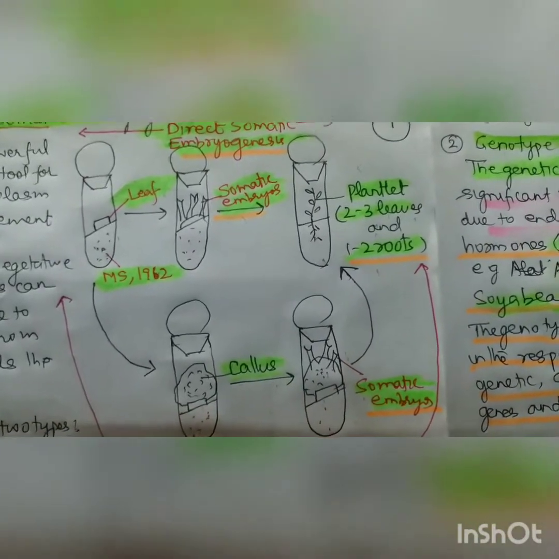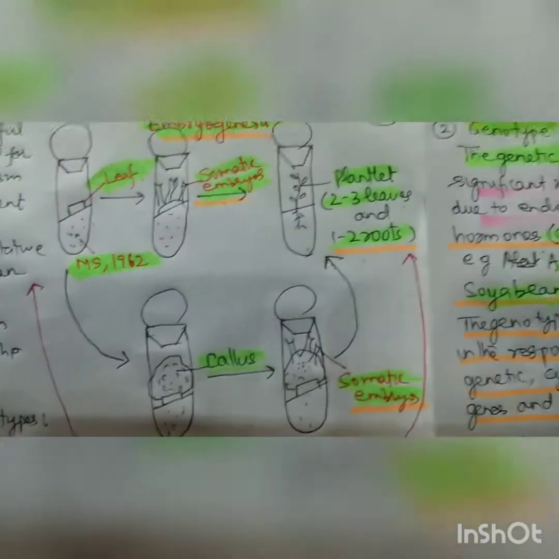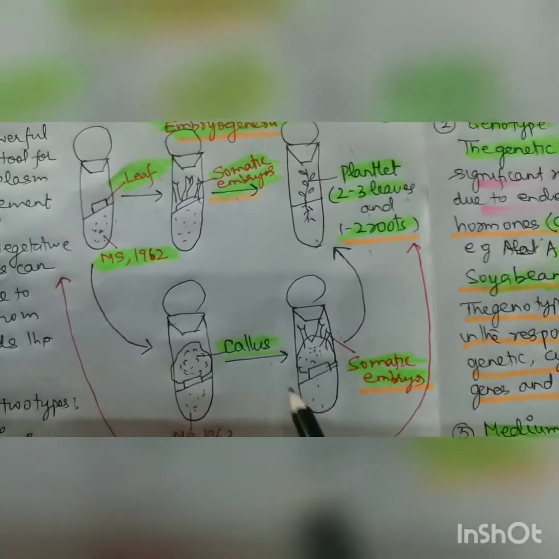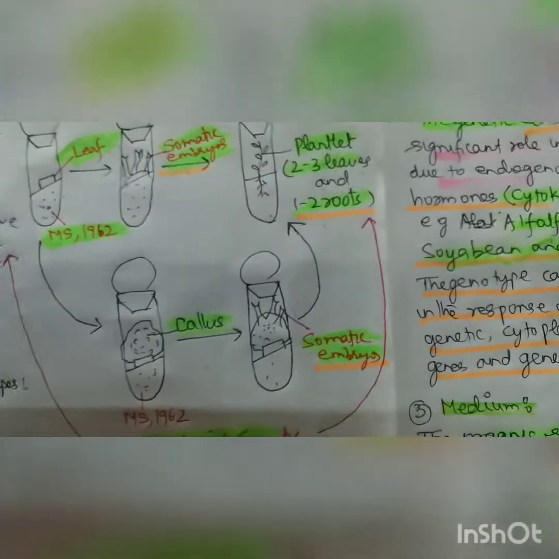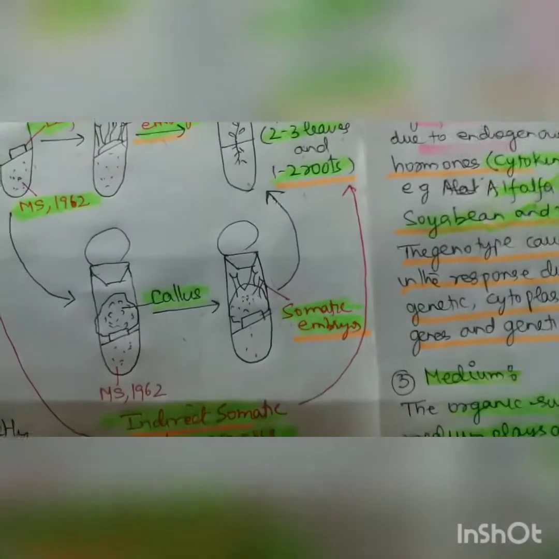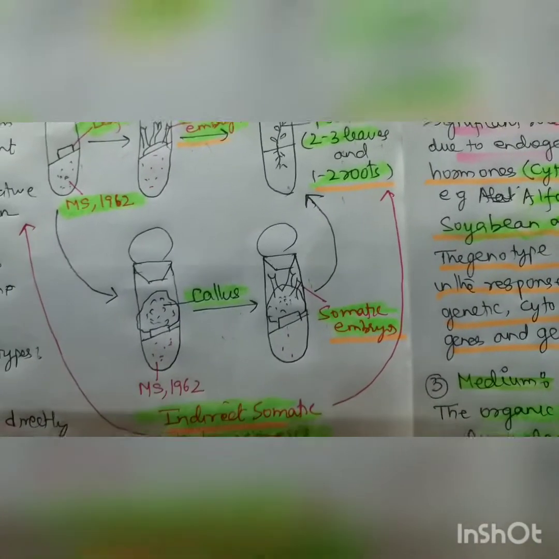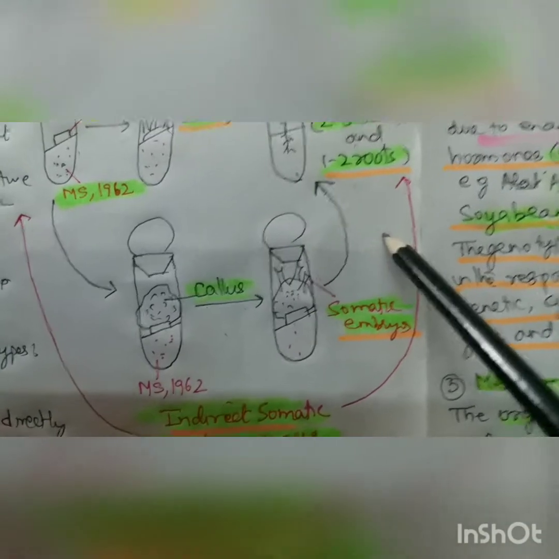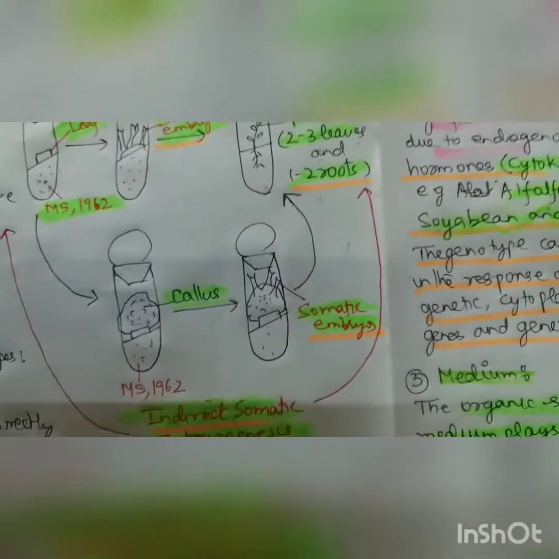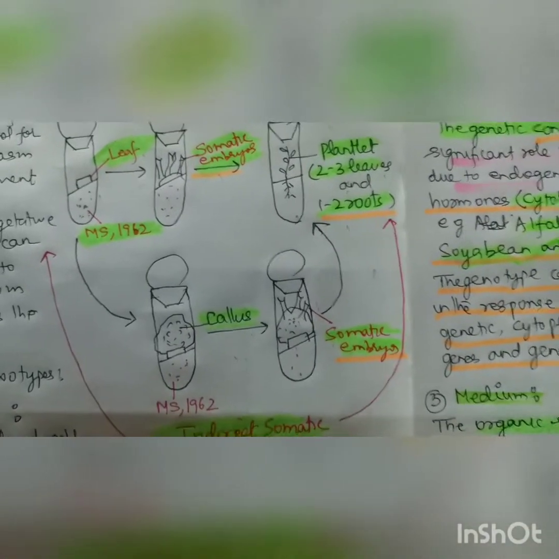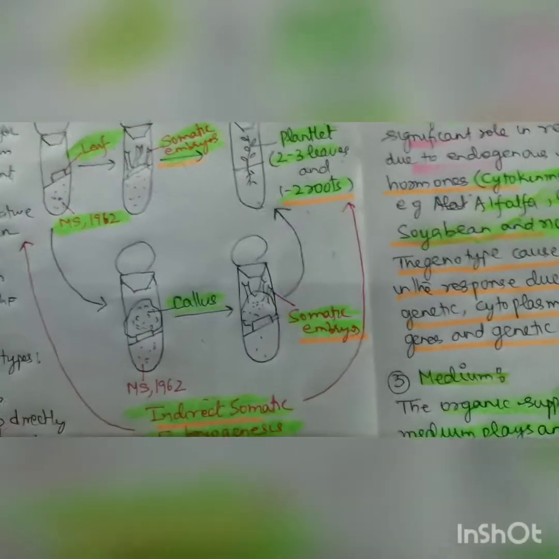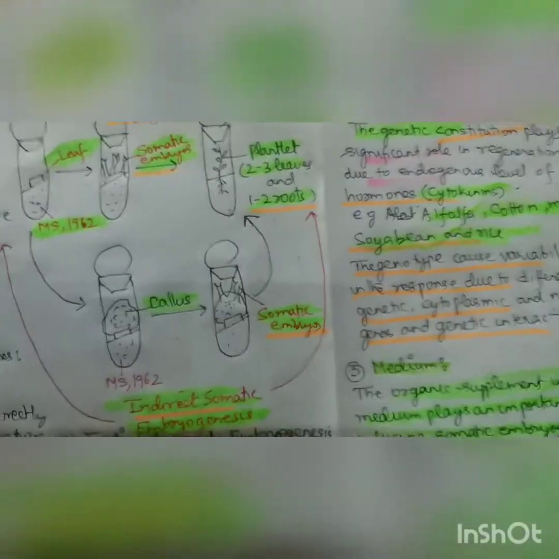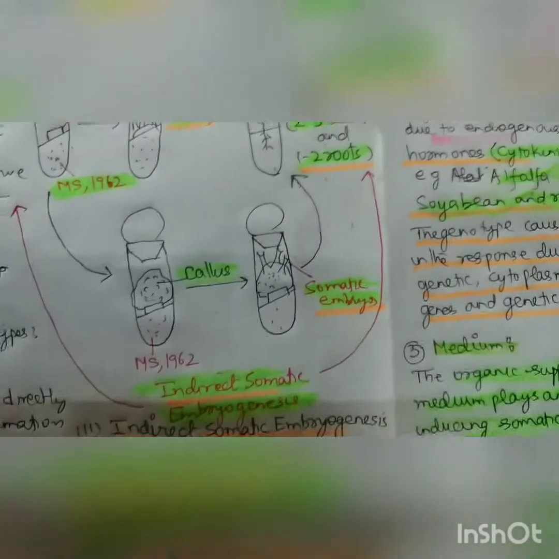There is no callus phase, so there are pure lines, homozygous, whereas indirect is punctuated by callus, which is called an unorganized mass of cells, and it basically results in somaclonal variations, because in callus the spindle breaks down, so somaclones are more prominently seen in research.